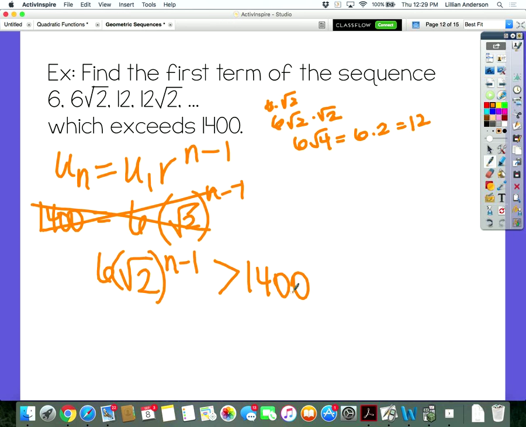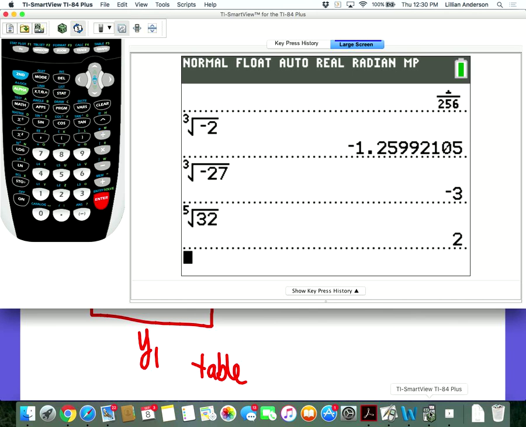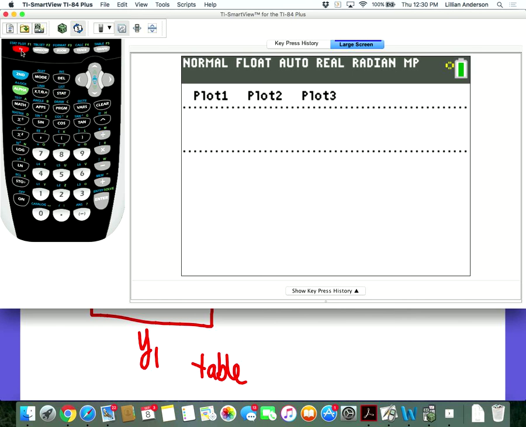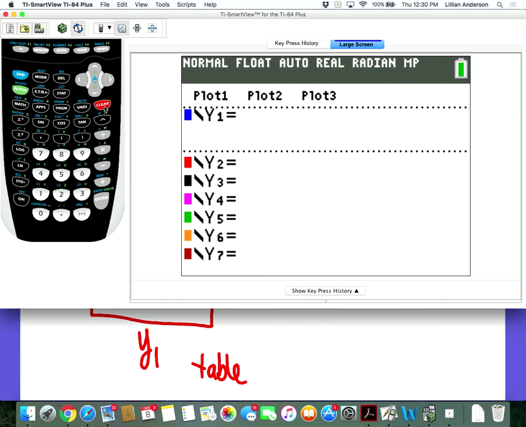So what I'm going to do is type this into y1, and then look at the table to see exactly which term is going to exceed 1400. I'm going to go to y equals, clear this out, and type in 6 times the square root of 2, and then raise it to the x minus 1.